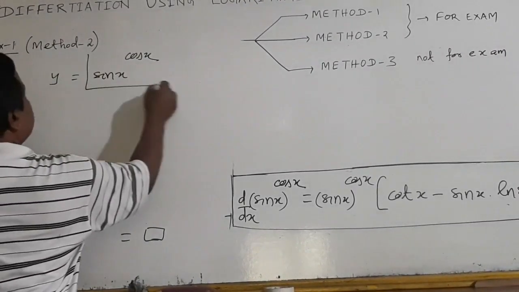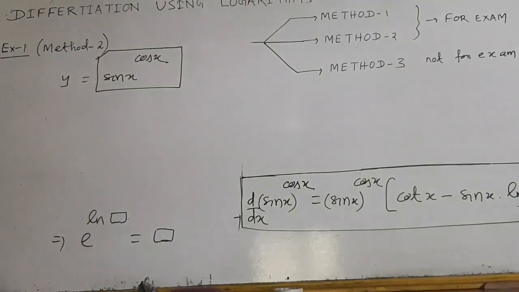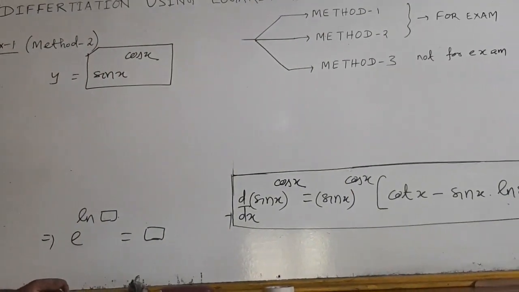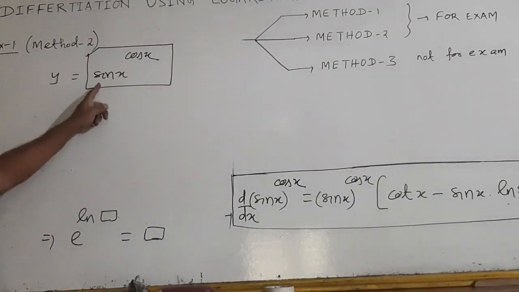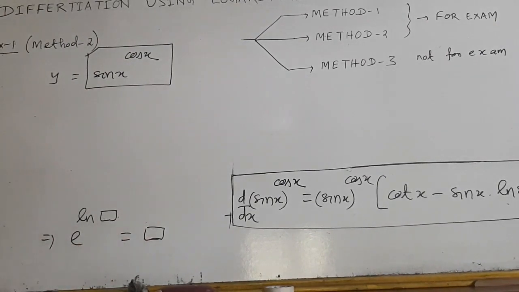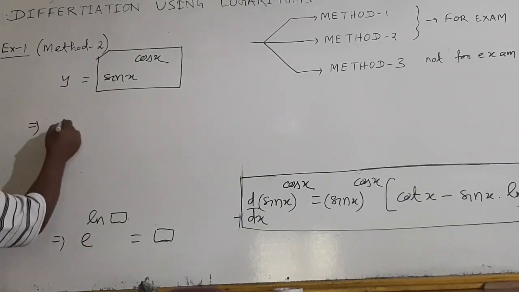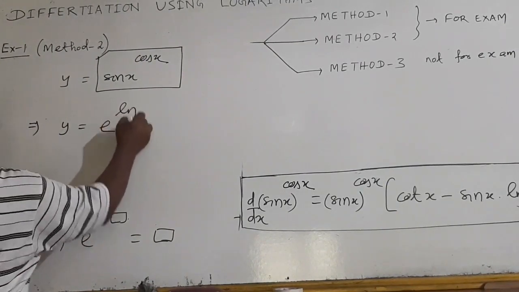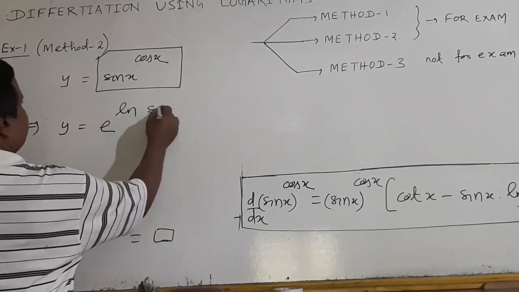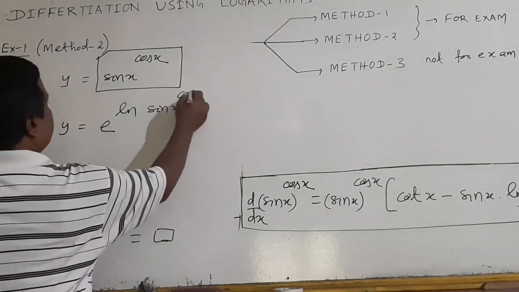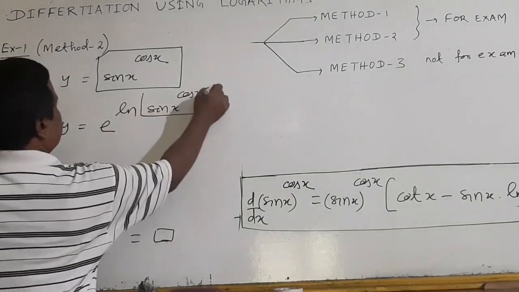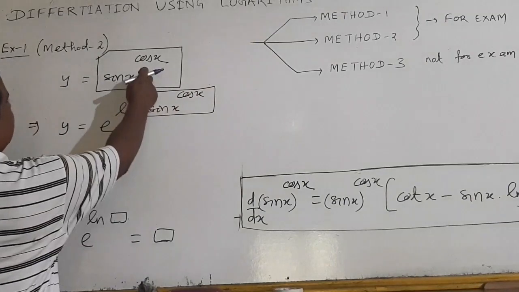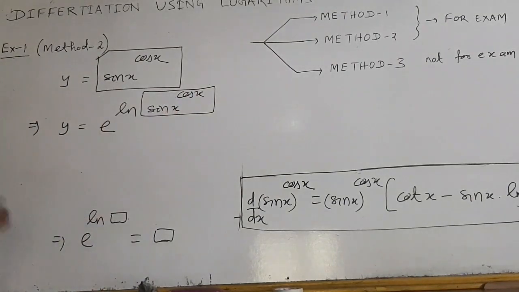Now here, y is equal to sin x to the power cos x. Suppose this is my box. This implies y is equal to e to the power ln of, what is the box? It is sin x to the power cos x. It is a big box, it is a small box, but they are the same thing.